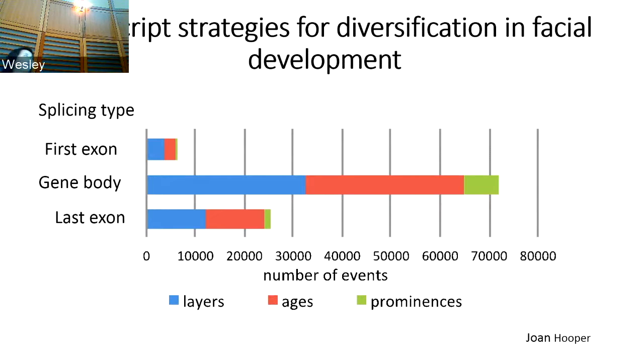The second thing is that for first exon, gene body, or last exon, the three categories, the gene body dominates. It's the major alternative splicing in the face. Since time is limited, I will just focus on the alternative splicing for gene body.